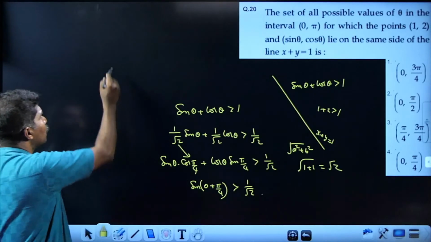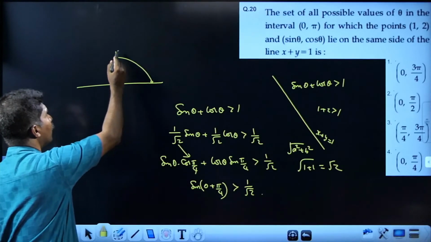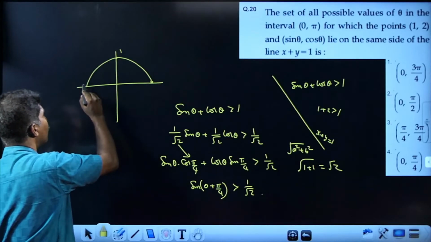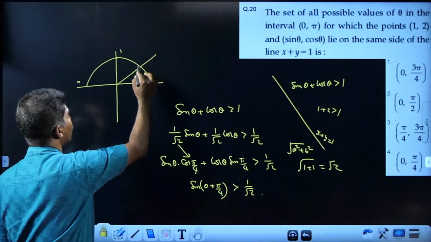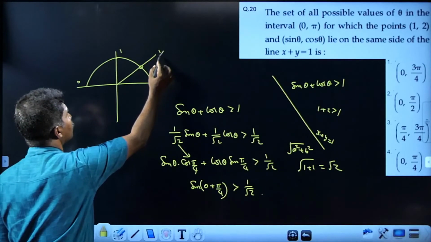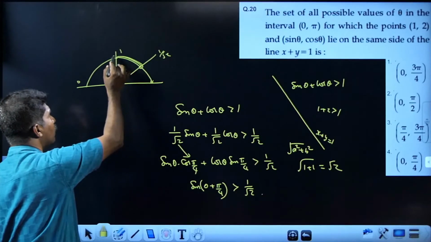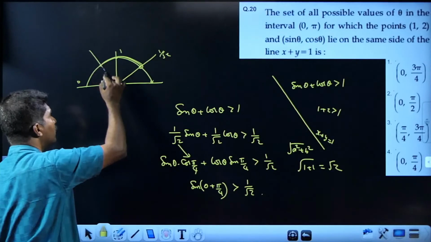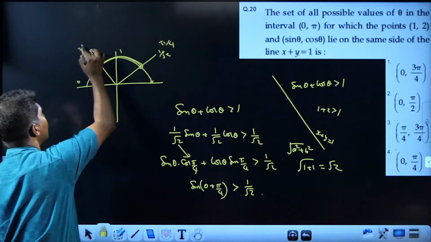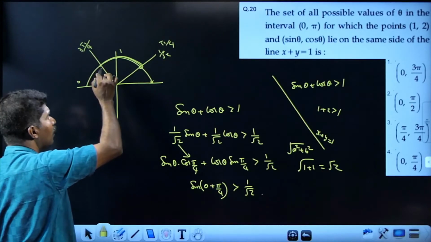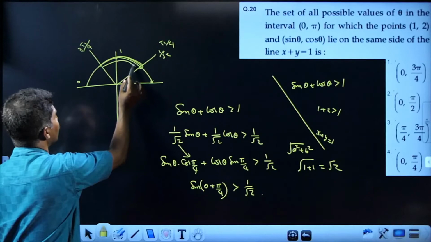Sin theta values, you know that it is actually increasing from 0 to 1, then 1 to 0. Okay. Among these, up to here you will be getting some 1 by root 2. From here it is increasing, it is greater than 1 by root 2, and from here it is decreasing, and at 3 pi by 4 you will be reaching again 1 by root 2, and after that it is lesser. So we need this region.